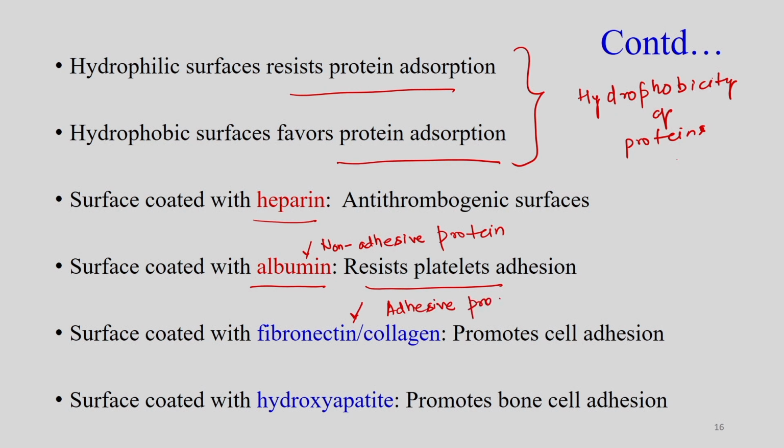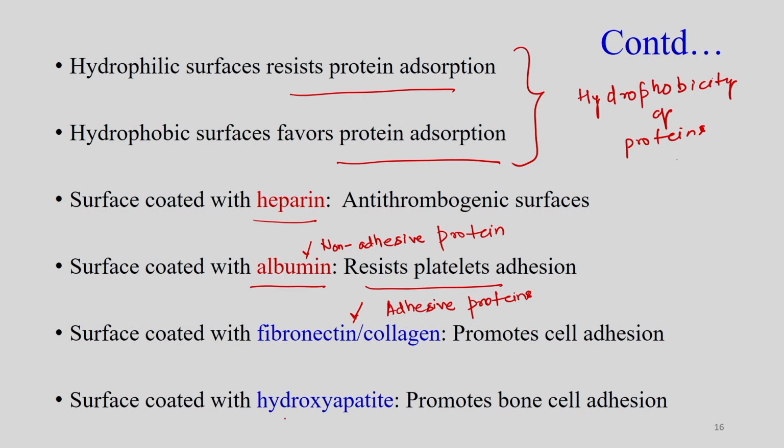They promote the cell surface interaction, particularly this fibronectin and collagen. They have this RGD peptide sequence which integrates with the integrin and facilitates the cell signaling, so that cells can interact on the surface, they can grow and then they can proliferate and differentiate on the surface.